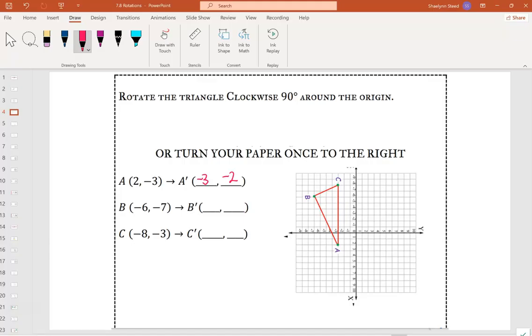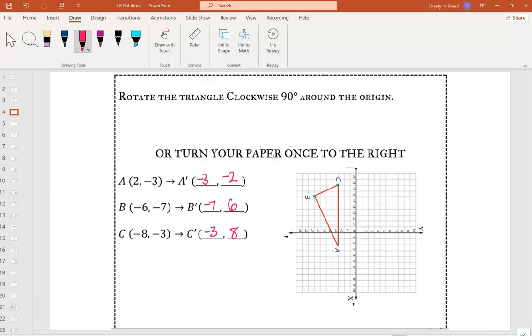So see what happens with the B. Instead of going left 6, down 7, now I'm going left 7, up 6. And then on this last one, instead of going left 8, down 3, I'm going left 3, up 8.